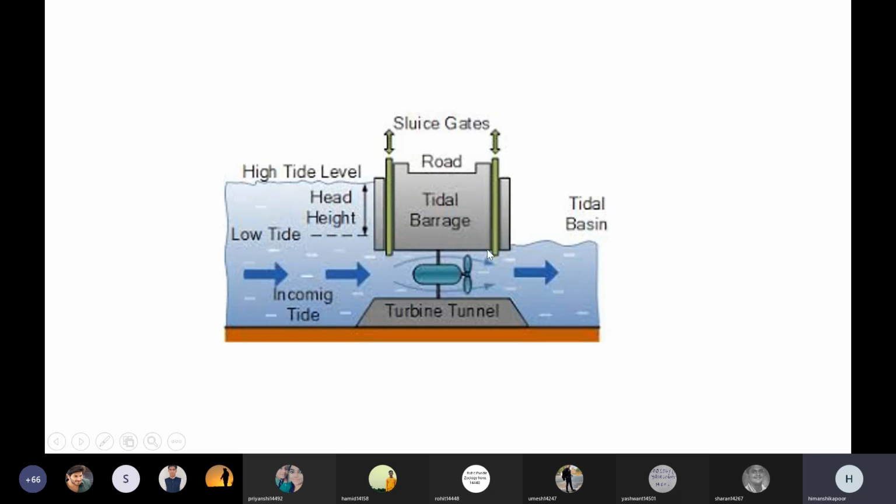Again, the process here involves the rotation of the turbine through the movement of water due to the action of gravitational pull of the sun and the moon. Again, the sun is becoming an indirect source of energy here in the system of ocean also.